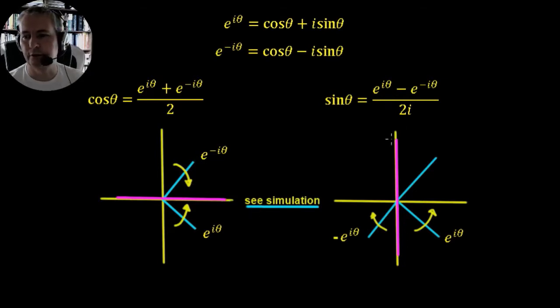Similarly, for the sine version, we have e to the i theta, a phasor rotating in the anti-clockwise direction. e to the minus i theta is this phasor here, which rotates in the clockwise direction. But it isn't e to the minus i theta, it's actually minus e to the minus i theta. Remember, we're talking about a vectorial addition here, so that is equivalent to a vector not in this direction, but in the opposite direction.